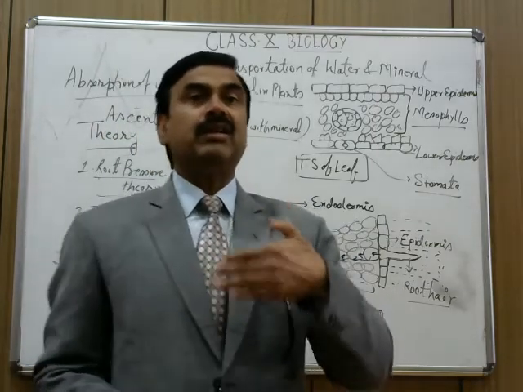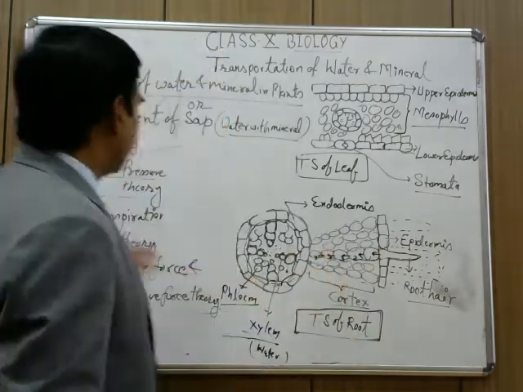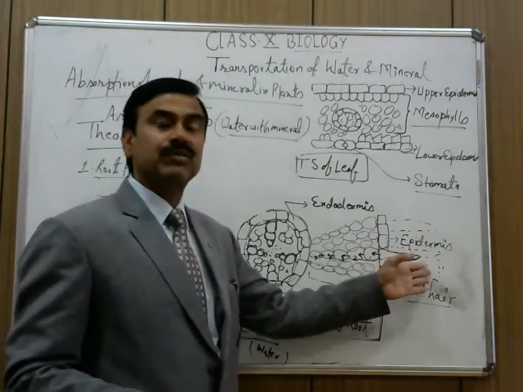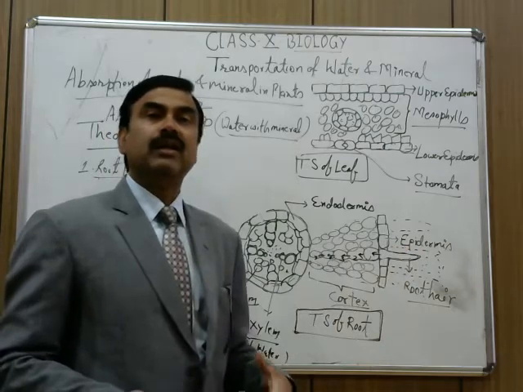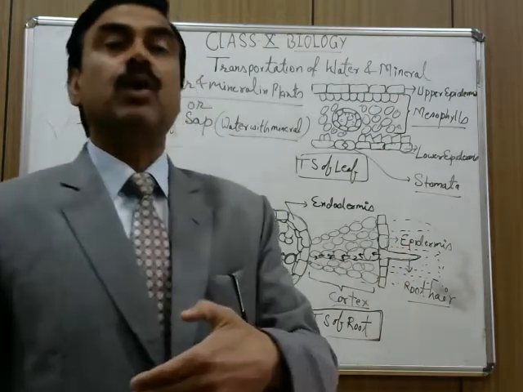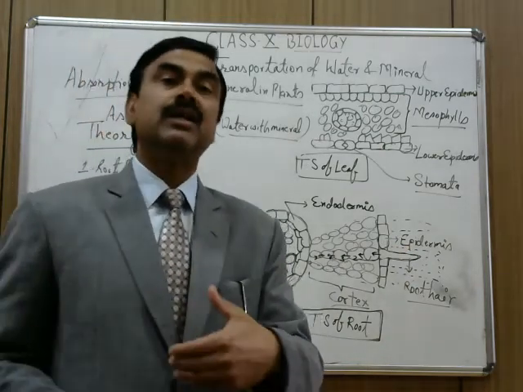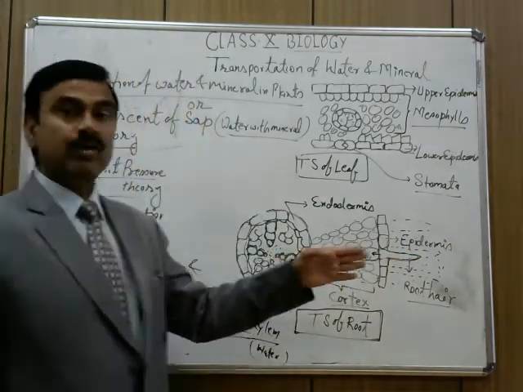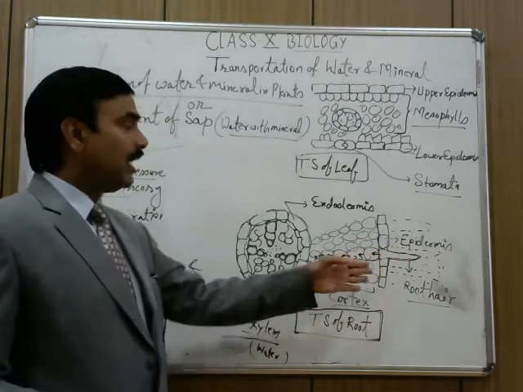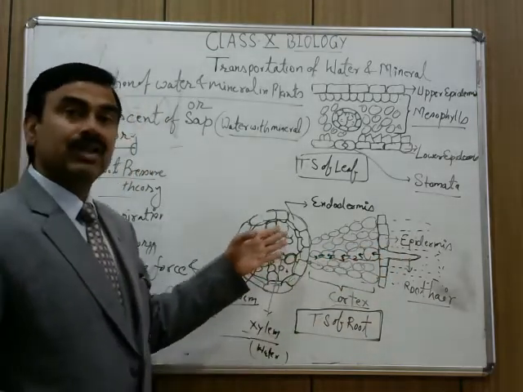This is not a very tough one. That is why I have started with root pressure. Through the osmosis, water will enter. So osmotic pressure, root pressure. Through the osmosis process, the root is going to exert a pressure on the water and minerals, moving from the outside to the inside, then again moving to the inner structure.